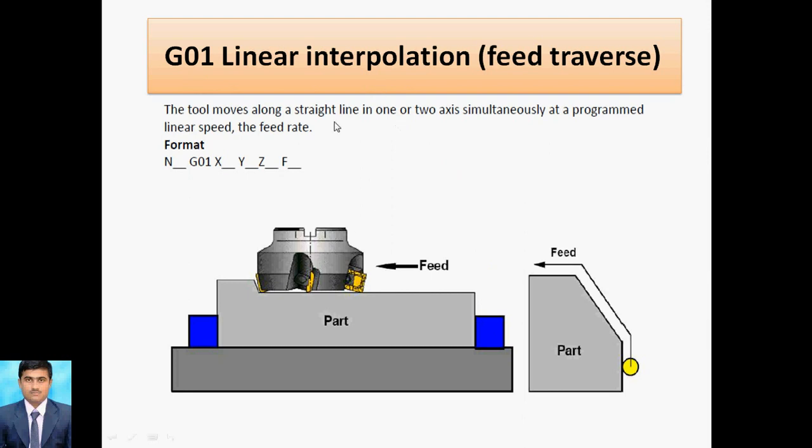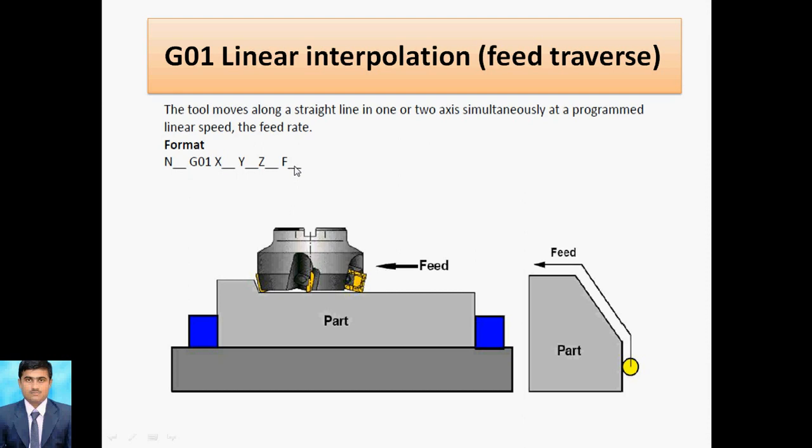The feed rate is always mentioned. While mentioning G01, we mention the XYZ coordinates as well as the feed rate, and according to the operation it can vary. Suppose the operation is a rough finish, then the feed rate is more, and if a better surface finish is required, the feed rate is less.